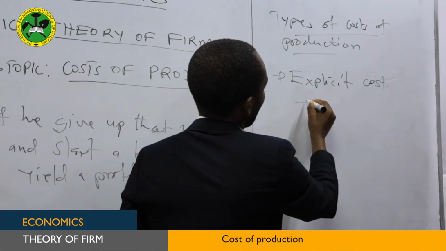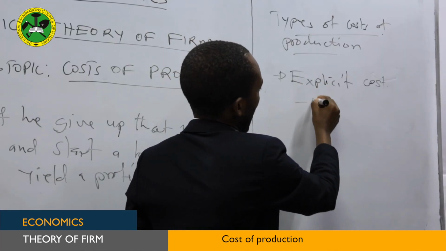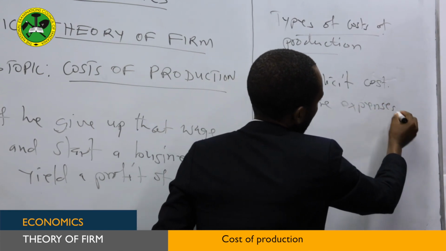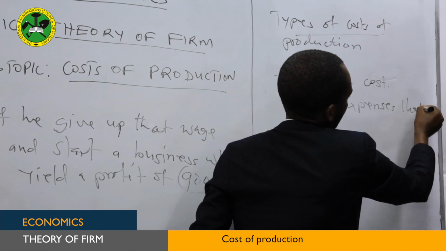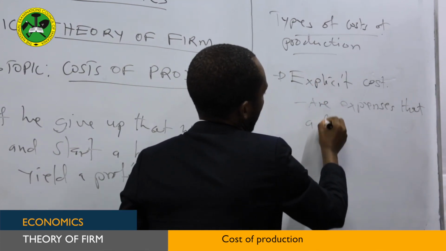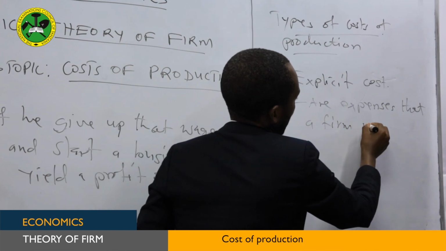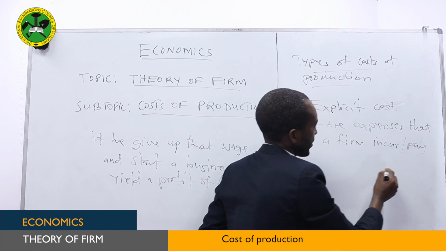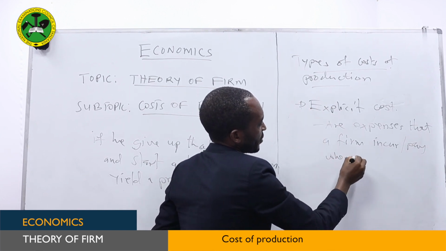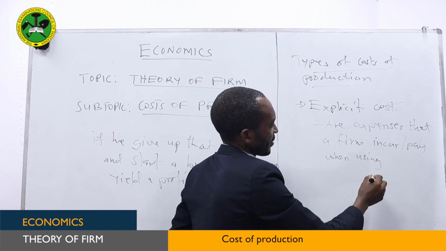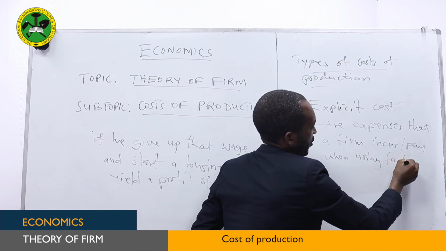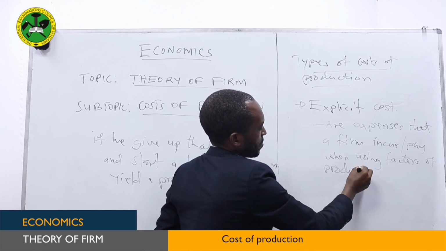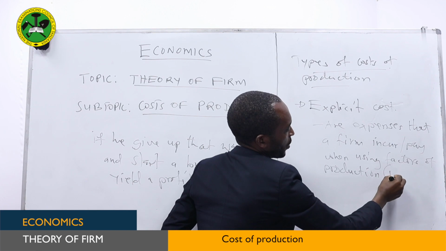So the explicit costs are expenses that a firm incurs or pays when using factors of production, or inputs.